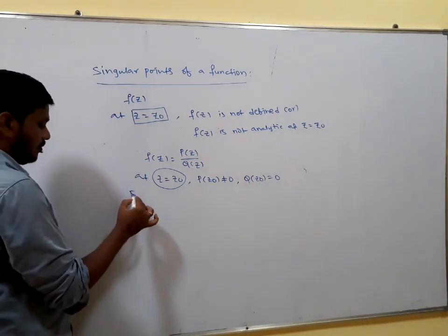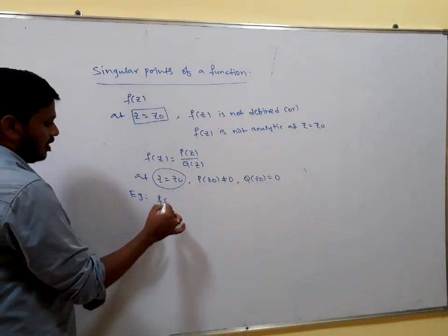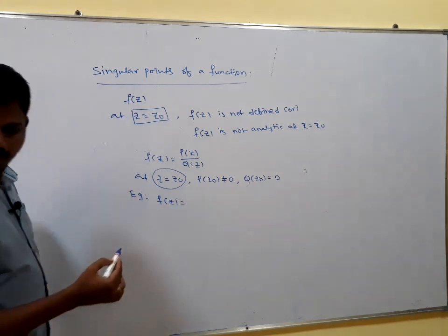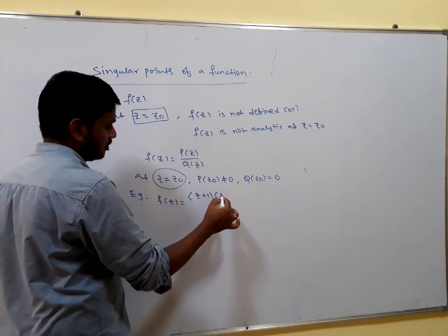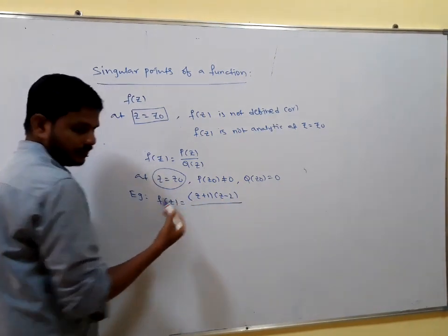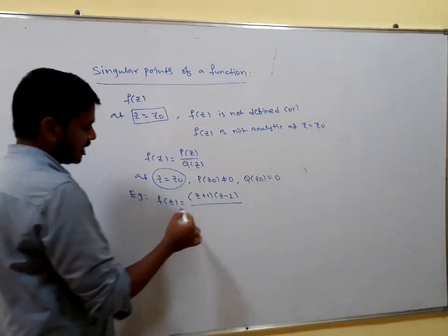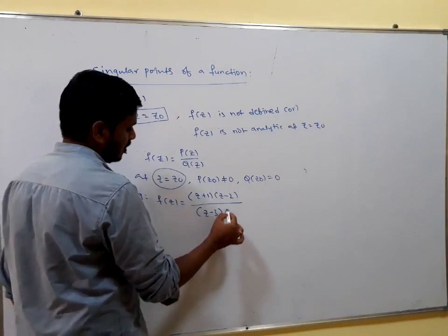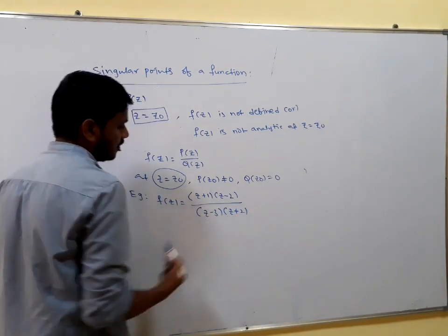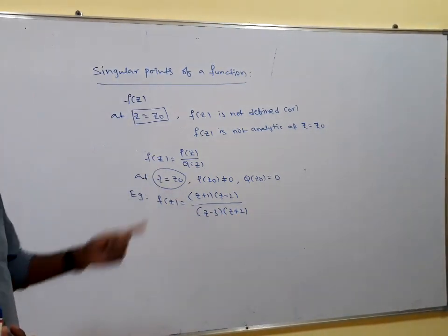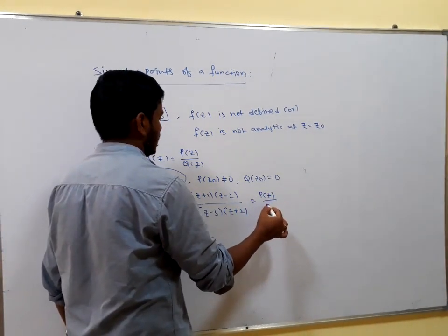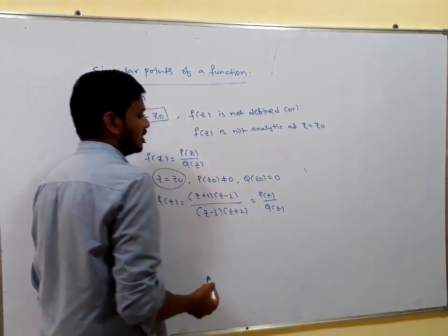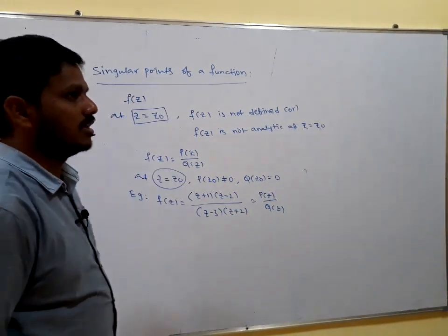Let us take one example here. F of z equals (z plus 1)(z minus 2) divided by (z minus 3)(z plus 2). Here it is in the form of p of z divided by q of z. That's how we can get the singular points, by taking the denominator equal to 0.